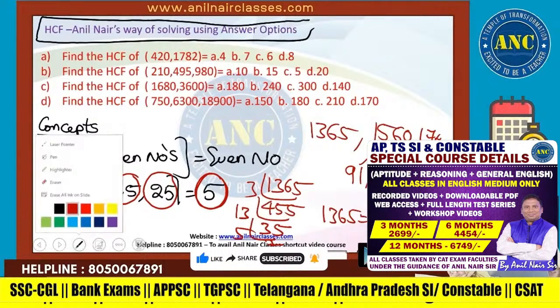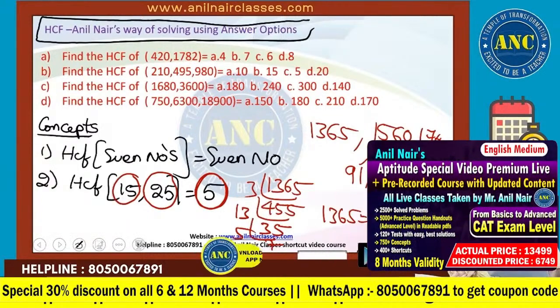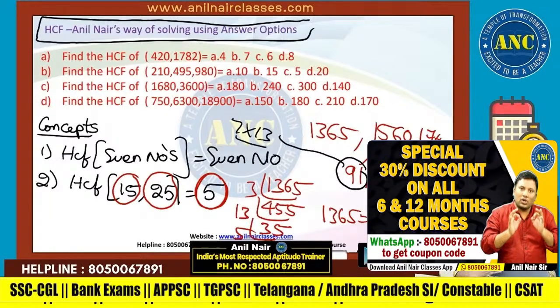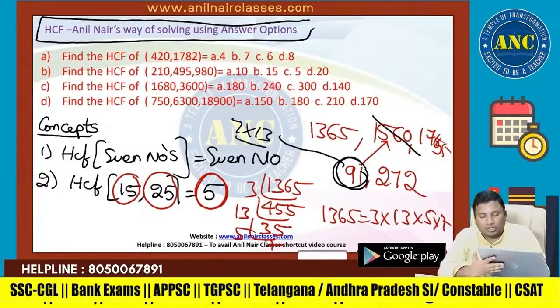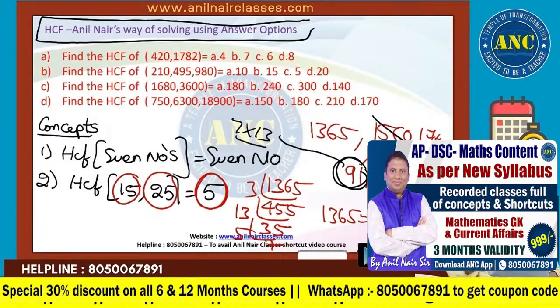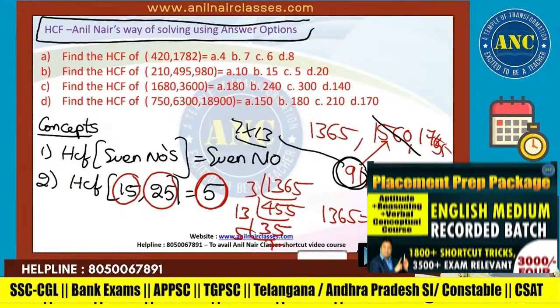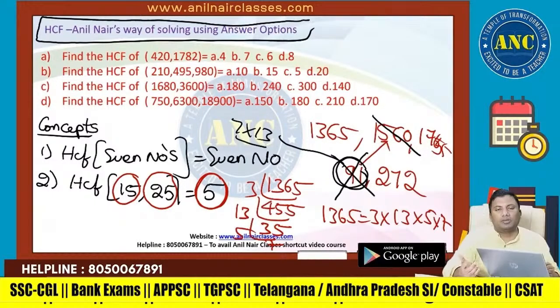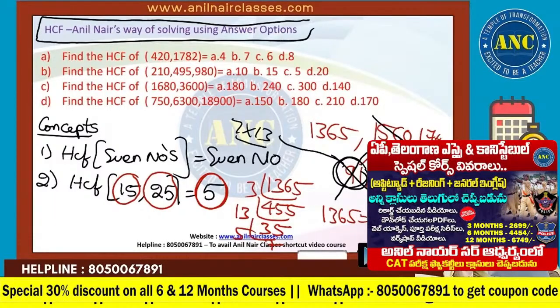Why did I not take 91? 91 is derived from 7 and 13. If I take 91, the number 1560 should be divisible by 7. 7 twos are 14, leaving 16, and 16 is not divisible by 7. If it is not divisible by 7, how can it be divisible by 91? I hope it is clear.